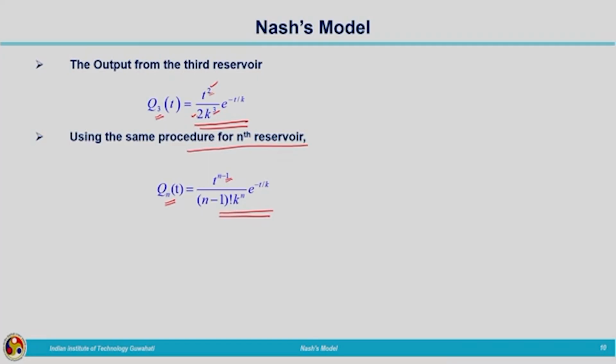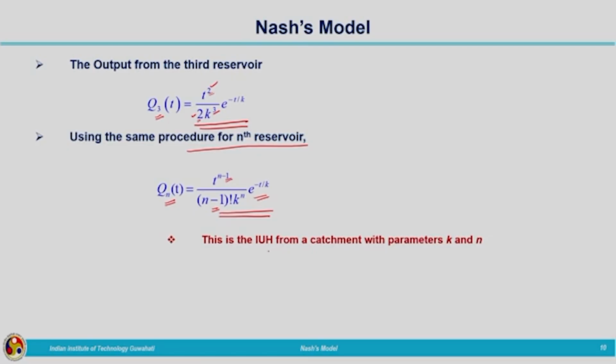In the denominator we have 2, the next term will be 2 into 3, then 2 into 3 into 4, and that way it goes on up to n minus 1 when we reach the nth reservoir. So this will be (n minus 1) factorial k to the power of n, where k to the power of 3 is replaced by k to the power of n, e to the power of minus t by k.